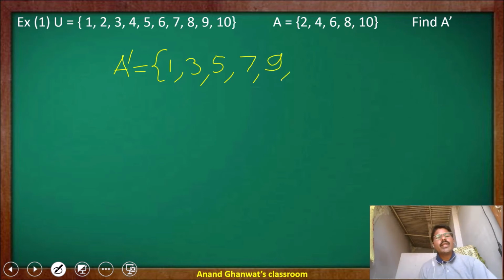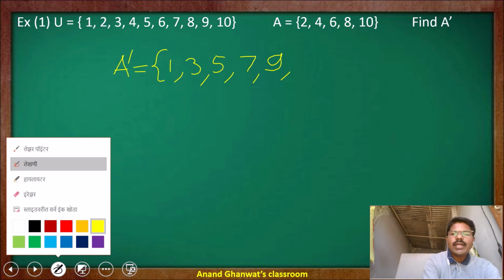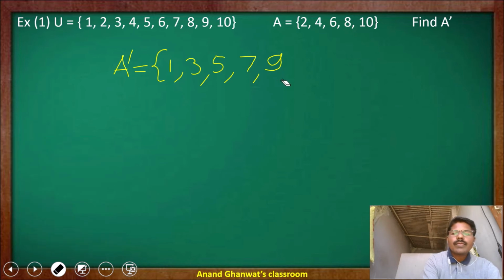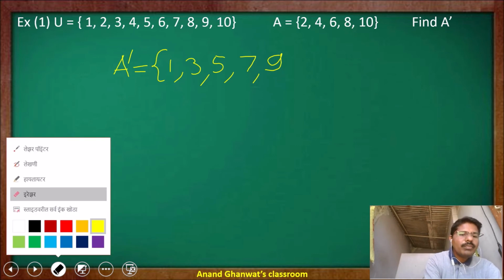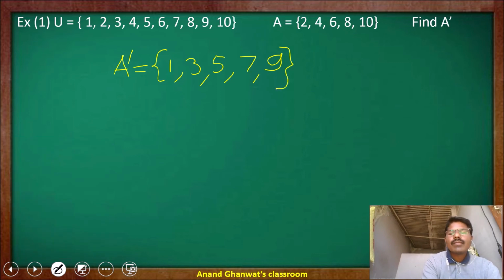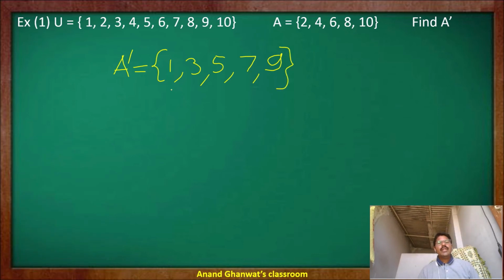And 10 is present in the universal set that is also present in set A, that's why 10 is not an element here. So A complement has the elements 1, 3, 5, 7, 9. Now, next example.